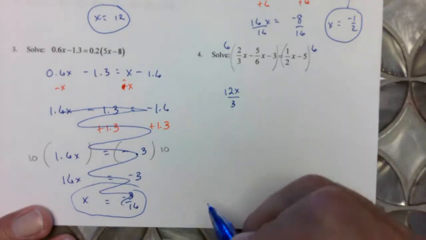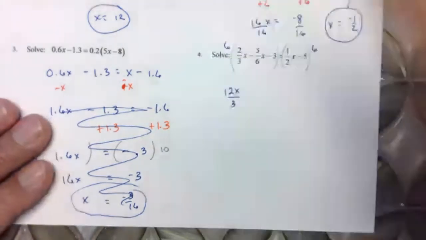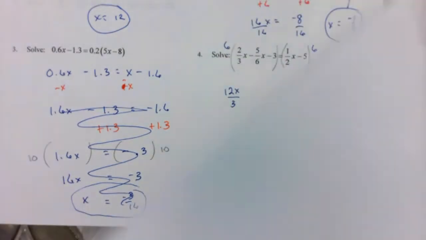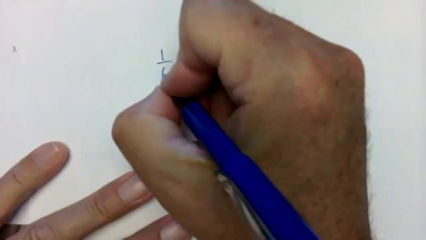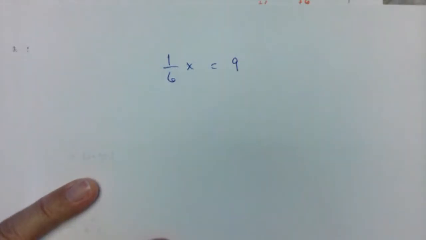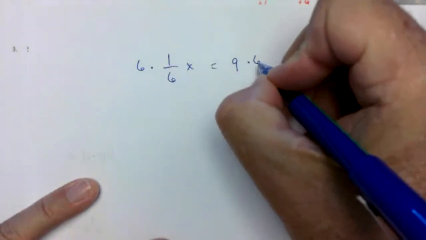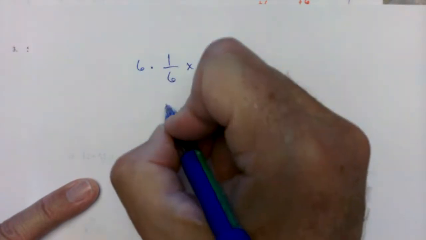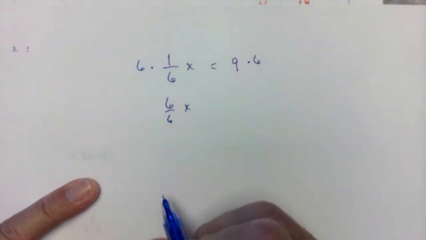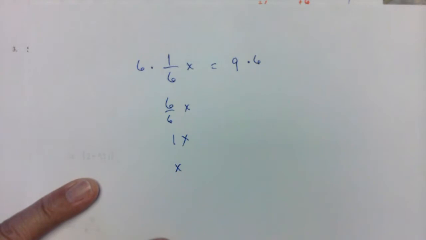Okay. Jandy, that's going to be in a situation like this. If I say 1/6 x equals 9, this is when I multiply by the reciprocal, because 6 times 1/6 gives me 6/6, which gives me 1x, which we know is just x. So that's when that situation would occur.